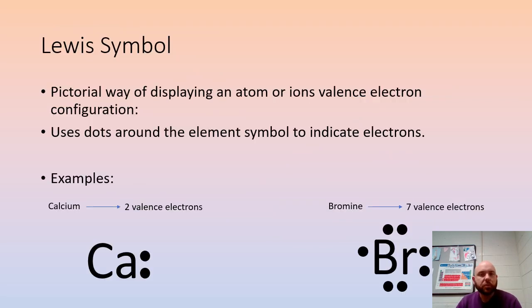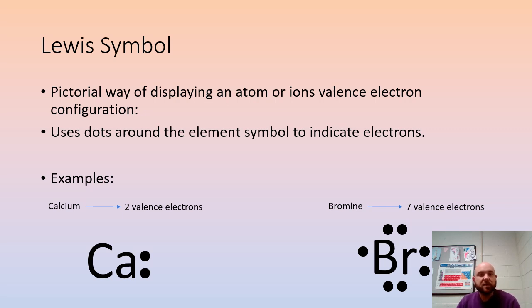So Lewis symbols are ways to depict pictorially how many valence electrons an atom or an ion has in a certain configuration. All it does is use dots around the element symbol to indicate the number of valence electrons in a species. We have 2 examples here on this slide.